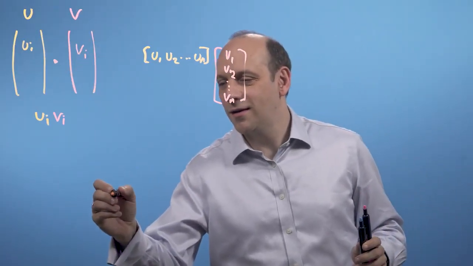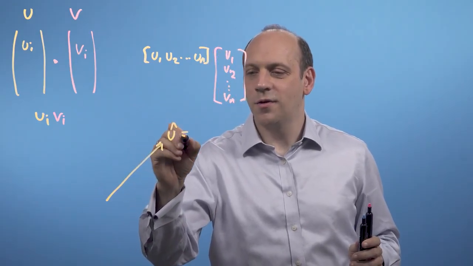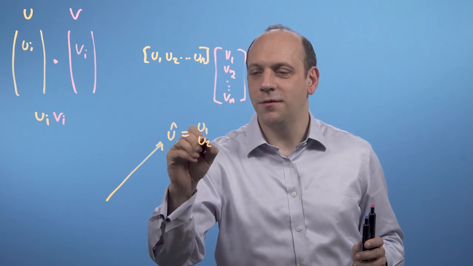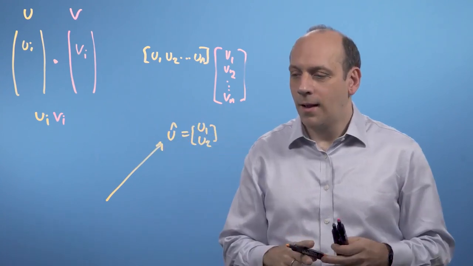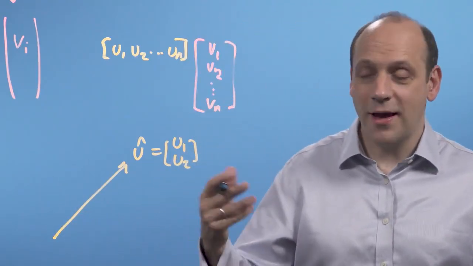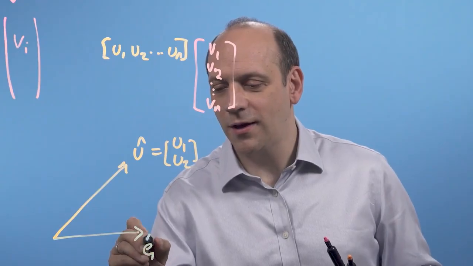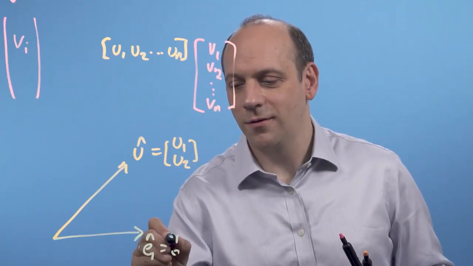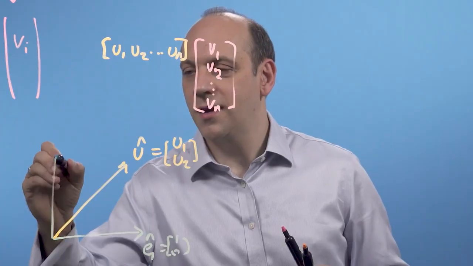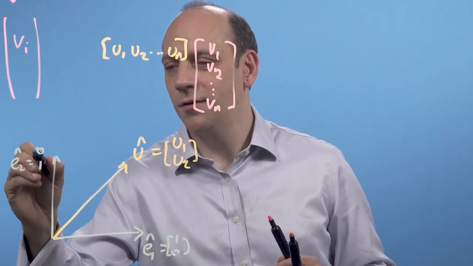Now, if I take a unit vector here, let's call him u hat, with components u1 and u2. And let's imagine what happens if I dot him with the axis vectors. So if I've got an axis here, E1 hat, which would be 1, 0, and I've got another axis here, E2 hat, which will be 0, 1.